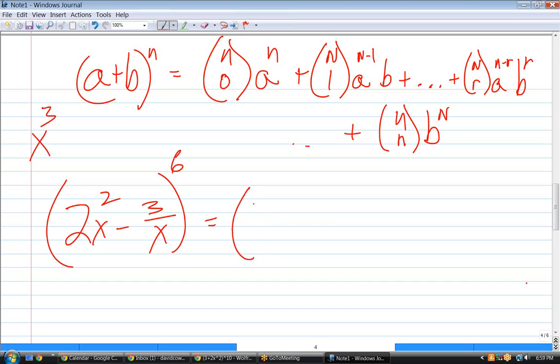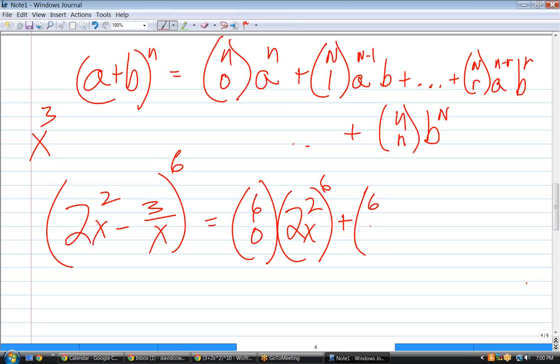What goes here? 6 choose 0. Yeah. And then instead of a to the nth, it's 2x squared to the 6th. Okay. And then the next term, we'll put a plus there.